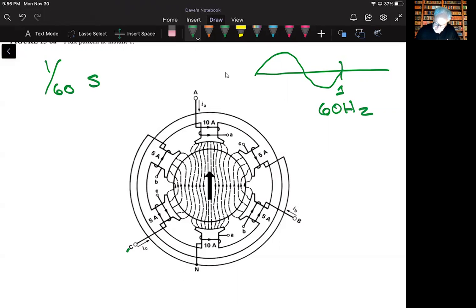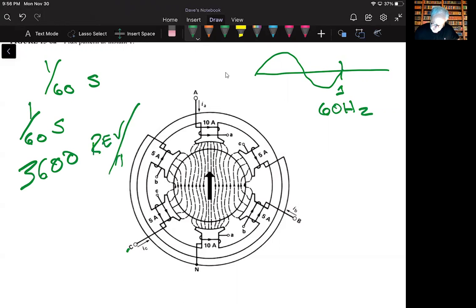Or 1/60th of a second, and there are 60 seconds in 1 minute. So we would have 3,600 revolutions in 1 minute if it's at 60 cycles per second.